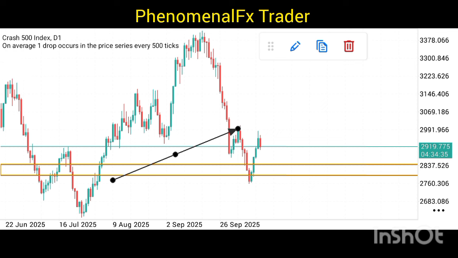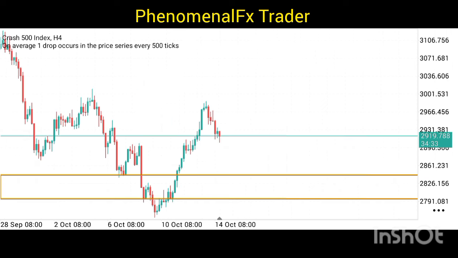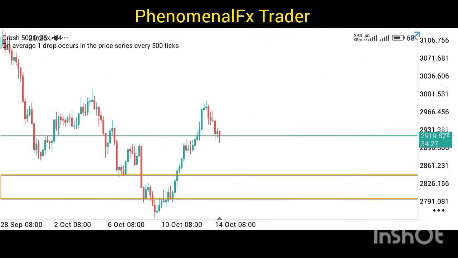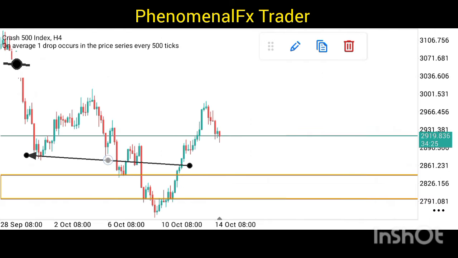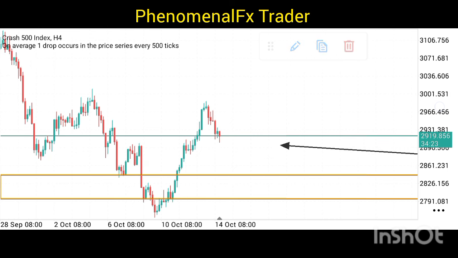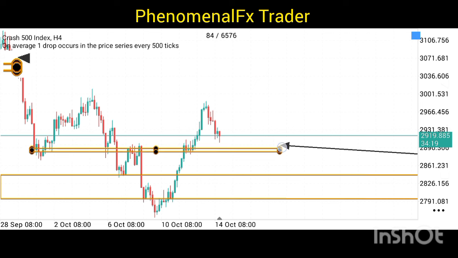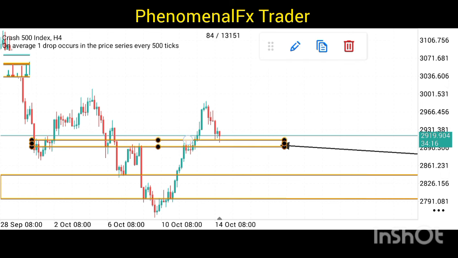But right now where we have the change of character is just on the 4 hourly time frame, meaning that if we are taking any entry, as you can see now we have a change of character here, and then we have a zone somewhere here. Let's mark that zone because the market is actually acting along a zone.